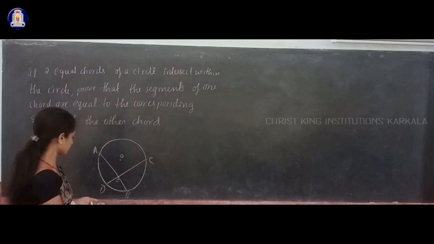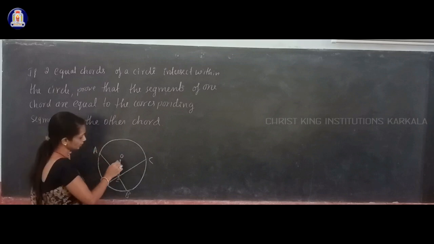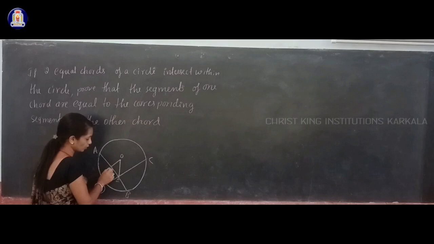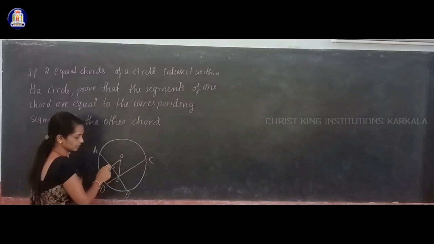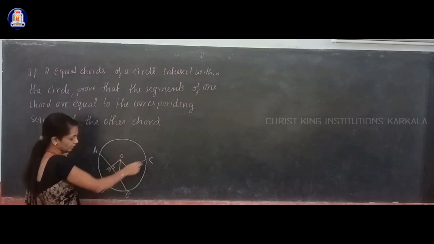Okay, so for that you have to draw some extra lines here. What you have to draw is you have to join OE. Okay, join O and E. Next you have to draw perpendiculars from the center to the chords AB and CD. I'll take OM perpendicular from the center to the chord AB, and perpendicular ON from the center O to the chord CD.